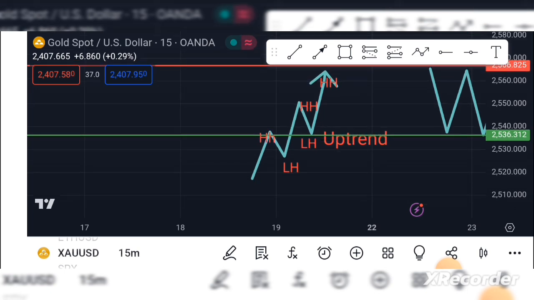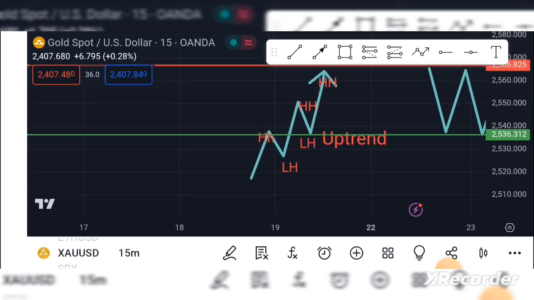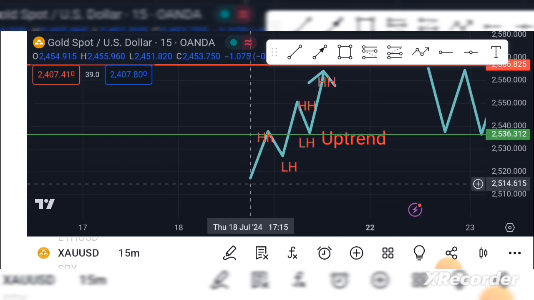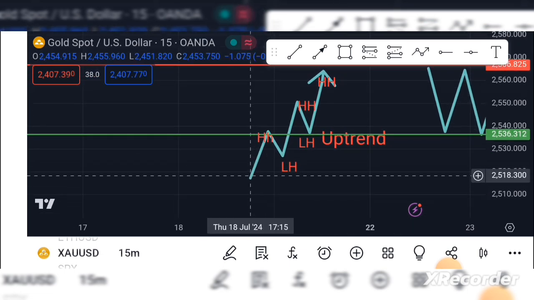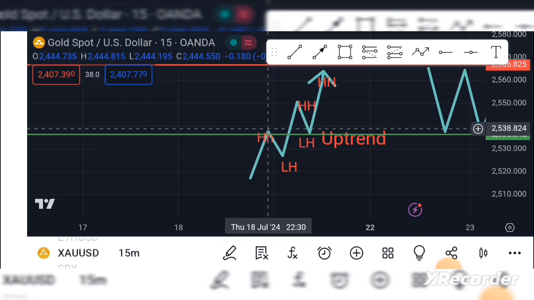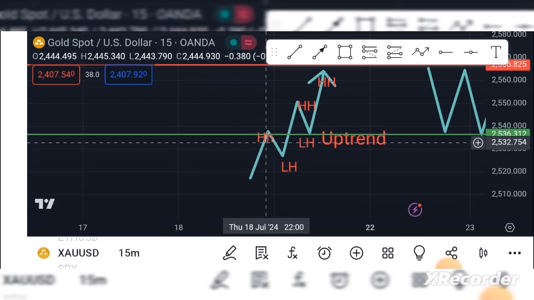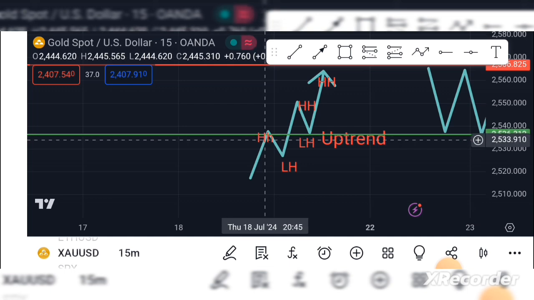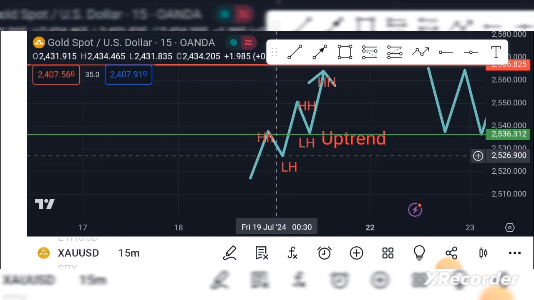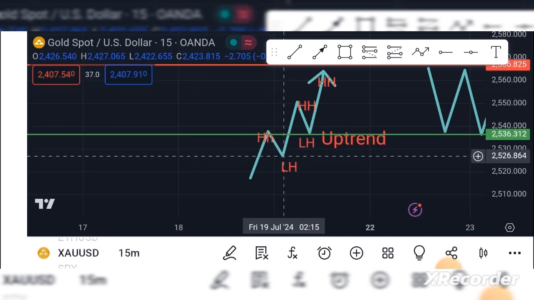I just said, you can see here the market made a move from here, went up, creating a higher high. The market was coming from here, something like this, and created a higher high. Then it went down to create a lower high.